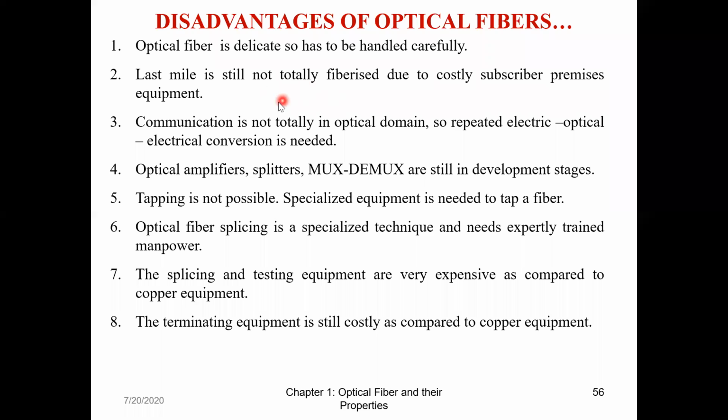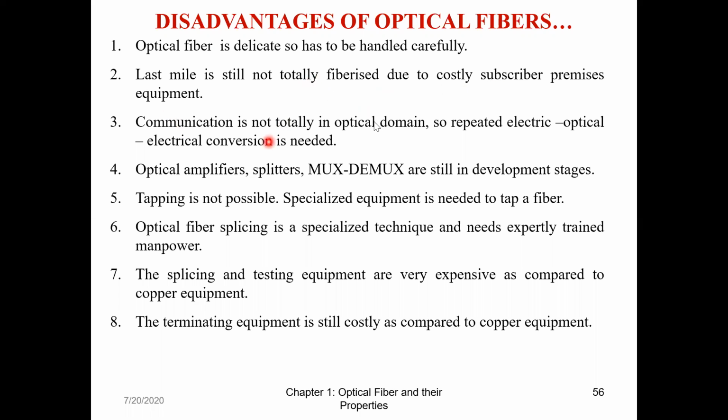The main disadvantage of fiber optics is that the last mile is still not fiberized. We are not using the optical signal directly. We cannot give it to any of our instruments. I cannot connect the fiber cable directly to my TV, because it requires an electrical signal. So the system becomes costly.